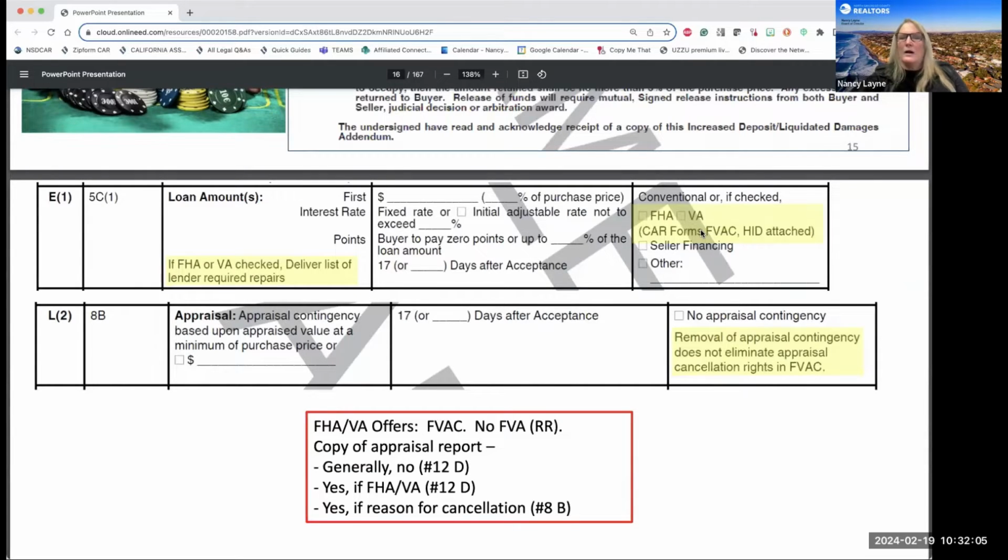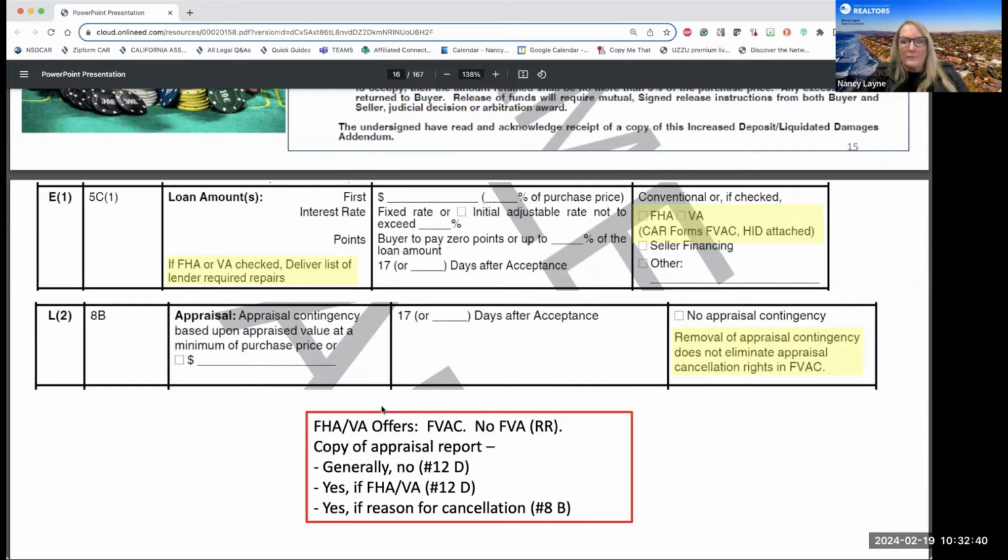If you remove the appraisal contingency, even if your buyer said, it's okay, I'm happy with just removing all of the contingencies, and I'm going to buy the house no matter what, they actually can't, by law, remove that appraisal cancellation right with the FHA or VA loan. So even if they said it's fine and I'm going to remove it, they still have that legal right based on that loan to not purchase the property if the appraisal doesn't come in.